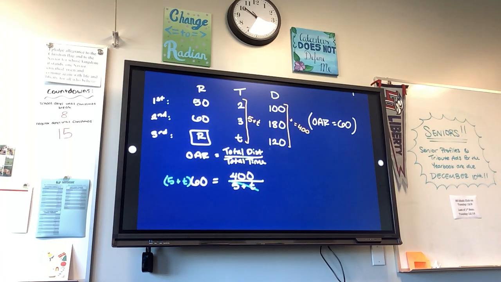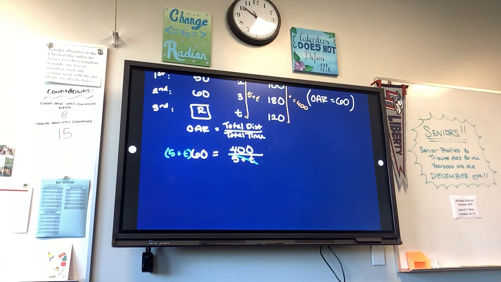And when you distribute the 60, can you tell me what we get? 300 plus 60t equals the 400. When I move the 300, what do you get? 100. And when I divide by the 60, what do you get? Give me a fraction.